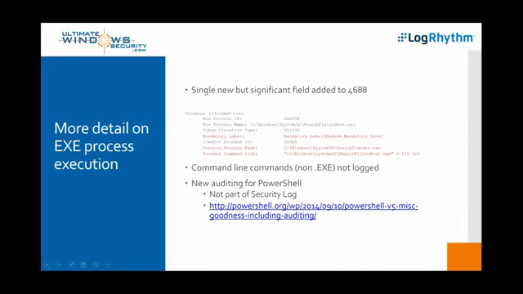Okay, so those are the two new events for catching when somebody is casing out your system, finding out what other users and groups are on that system, what they have access to.